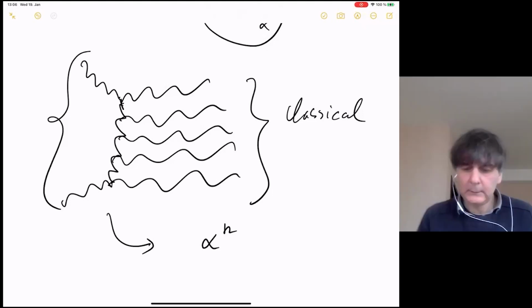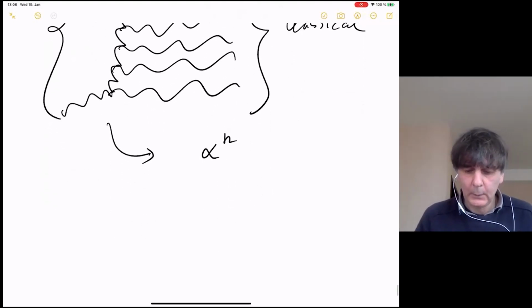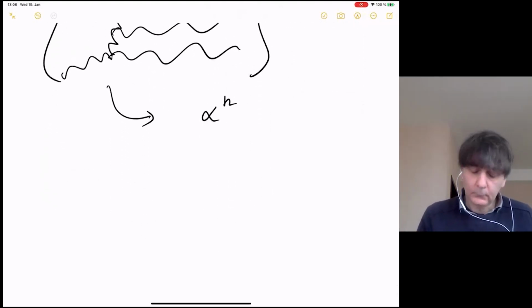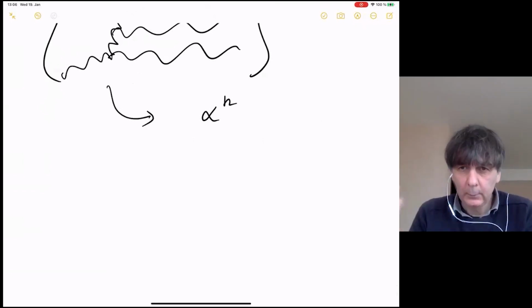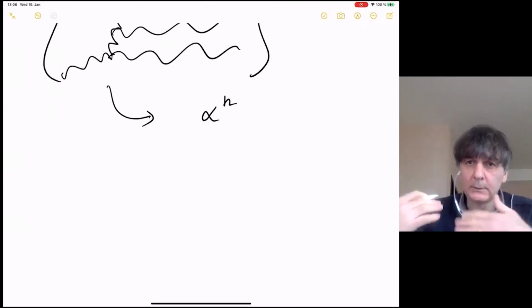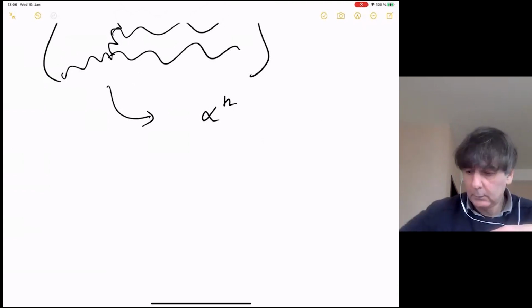So now let's come back to the story with black holes. Let's view black holes from this perspective, from what we just understood about Einstein gravity as an effective field theory from the bottom up.